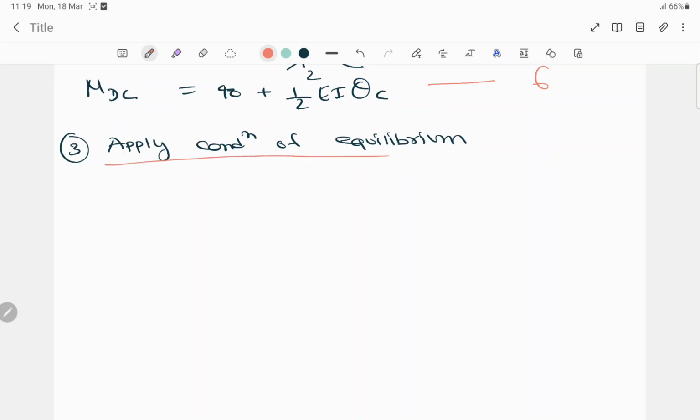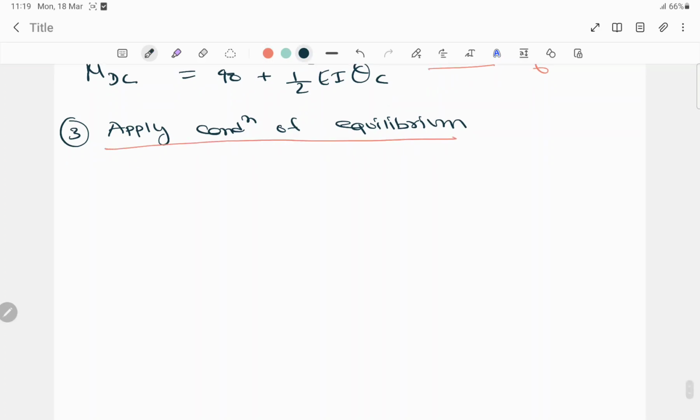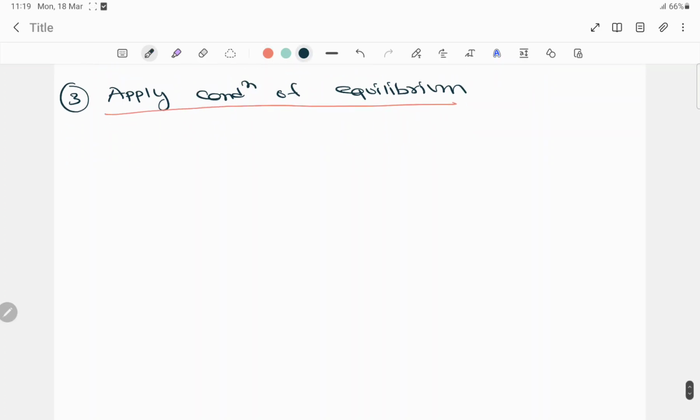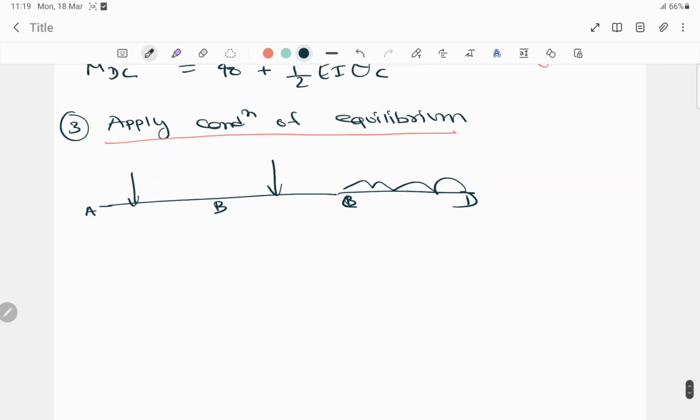Okay, so now what is the condition of equilibrium for this beam? The beam is A, B, C and D. From A to B it's a UDL, equally distributed, and from here to here it was like that.